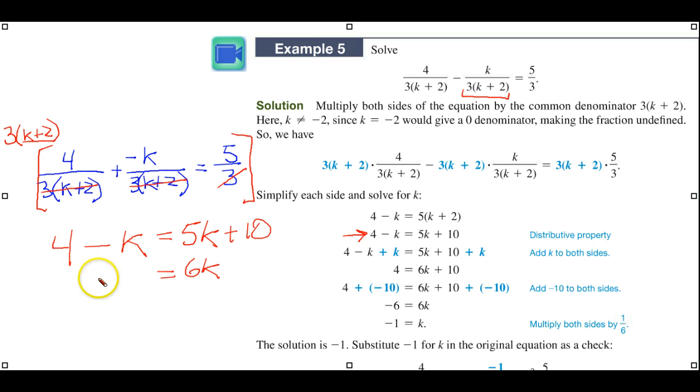Negative 10 plus 4 is negative 6. Now to solve for a positive k, we're going to divide by 6. And here we divide by 6. So we get k equals negative 1. And you need to be very careful of the signs as you do things and check your work.